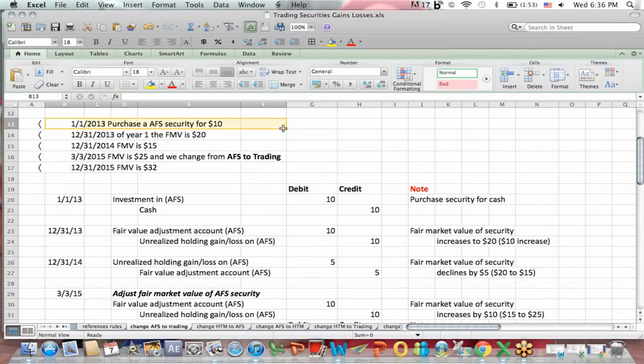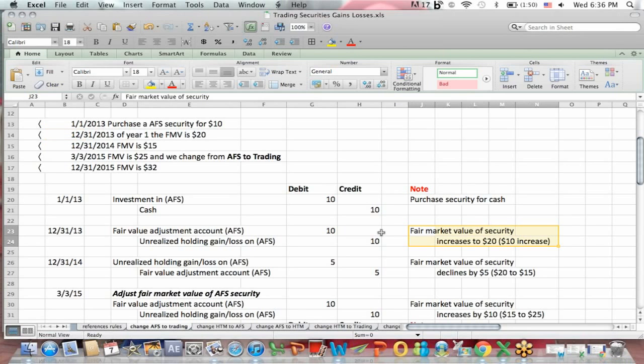On 1-1, we purchase an available for sale security for $10. So we create an asset, investment in available for sale, and we pay cash, so we credit cash. On 12/31 of year one, the fair market value goes up by $10. It's a $10 increase. The fair market value of the security increases to $20. So what do we do?